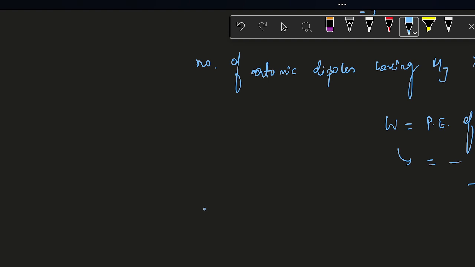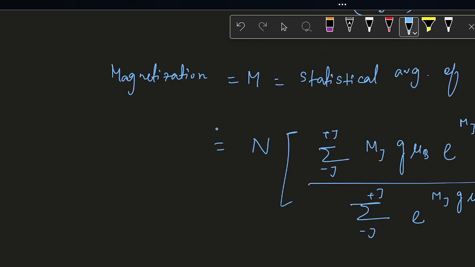So whenever you are asking for capital M as a statistical average for all the magnetic dipole moments, if the individual moments are this, then you have to take the statistical count as this exponential factor, and then take the summation over all the possible values of mj. That is why you take the summation from minus j to plus j. And because it is a statistical averaging, obviously we have this total count as a summation in the denominator also, and this is multiplied by capital N, because this whole bracketed term is for an individual atomic dipole.